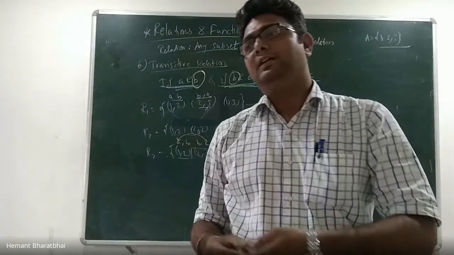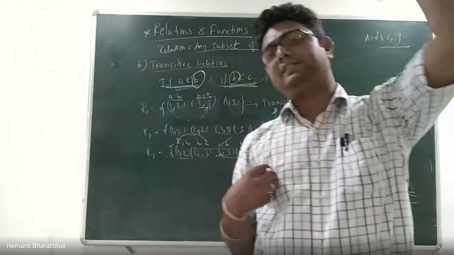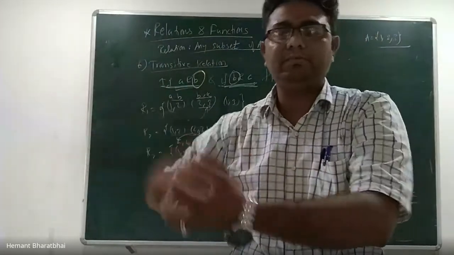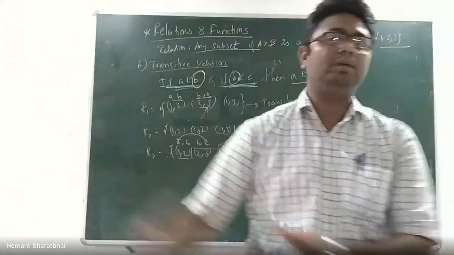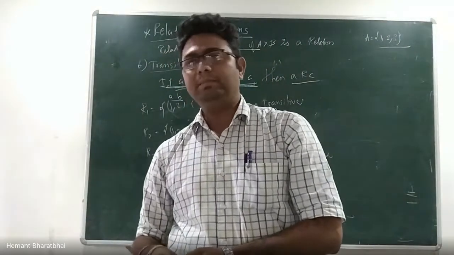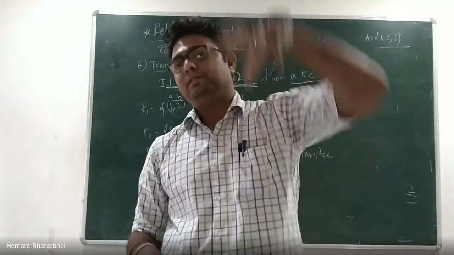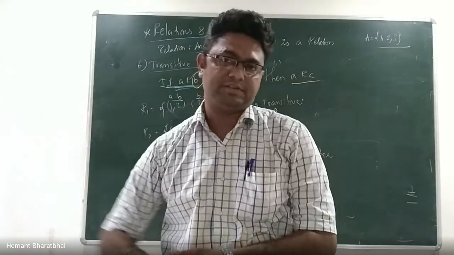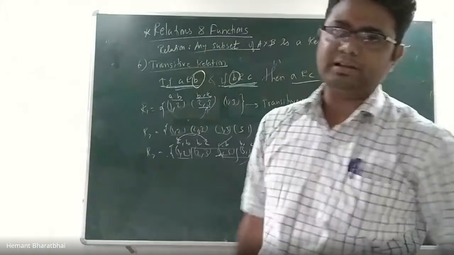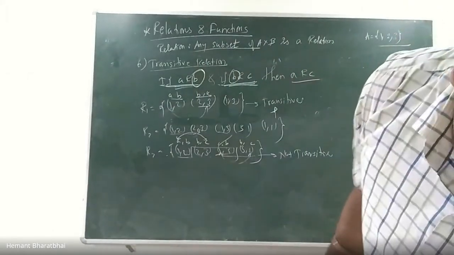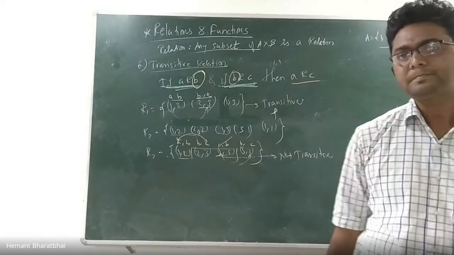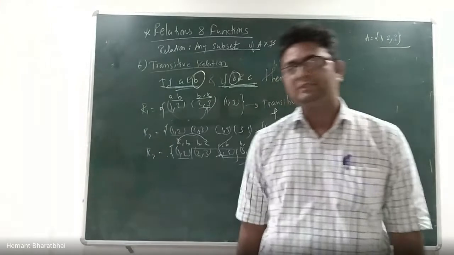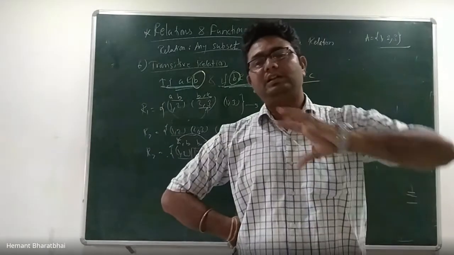So I am his son, that fellow is also his son, then there should be a relation between me and that one more person. Why? Because the father is the same for both. Hence the relation will get transferred, and that relation will now be called brother. And this is a transitive relation. So I hope you are understanding.